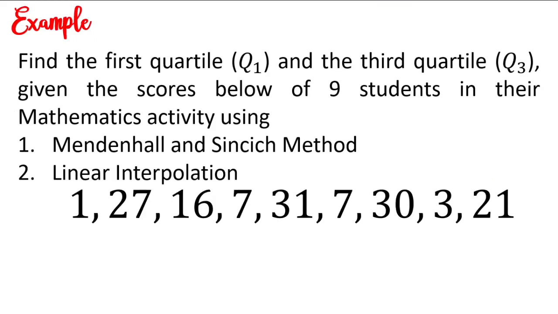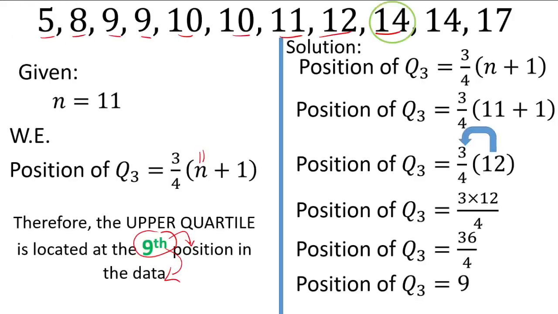By the way, to avoid confusion, the term position is different from the term value. Some problems are asking for the value of the lower quartile or the value of the upper quartile, but some problems are asking just for the position.